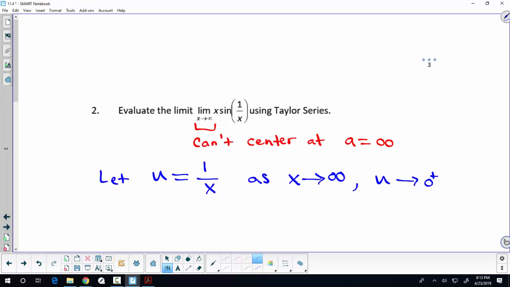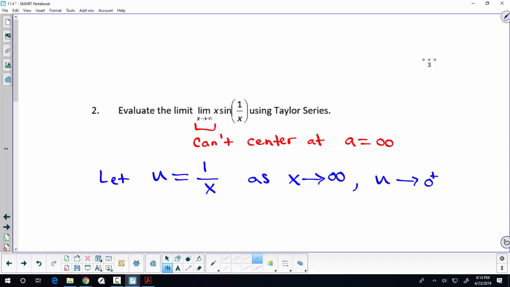But does that help us? Why not? We have something that's approaching a finite number. Can we center about 0? Yeah, so the whole problem was the limit was at infinity. We can't center at infinity.